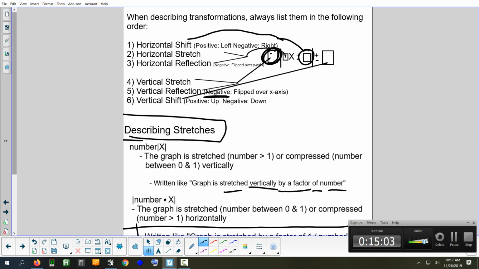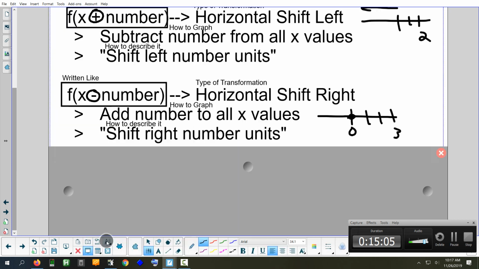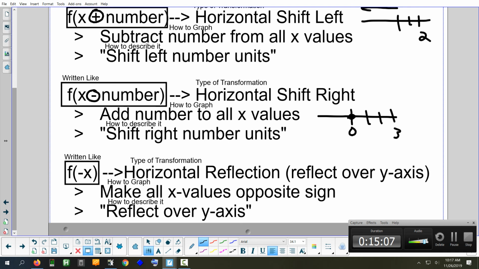Negative inside is the other reflection. Notice how I put the negative inside the parentheses, not outside. So, negative on the inside, that's a horizontal reflection. Same thing we said yesterday. You could also say flip over y-axis.